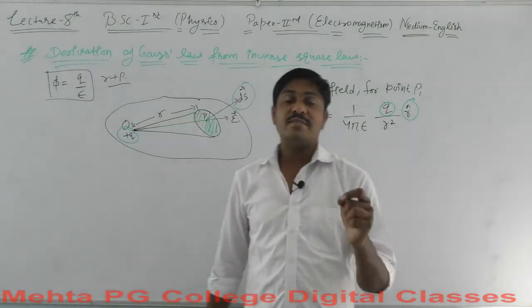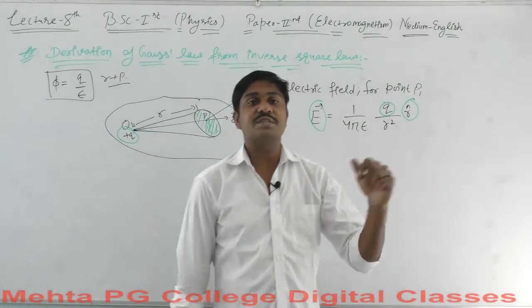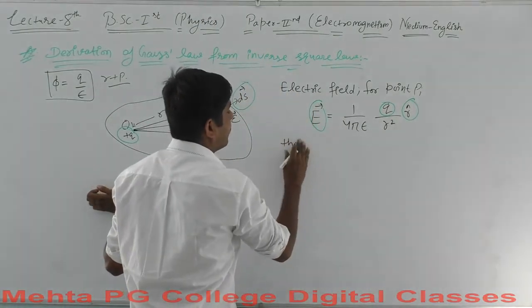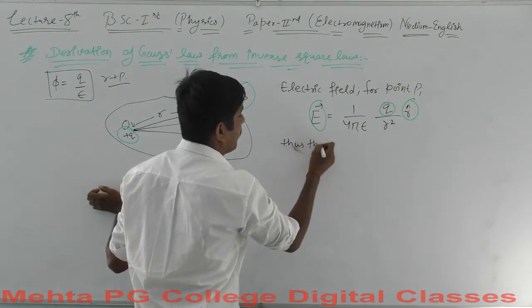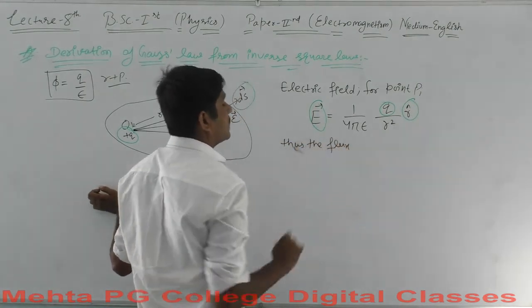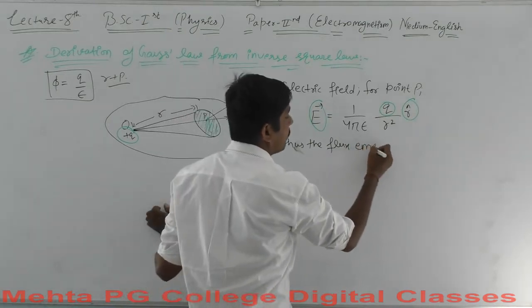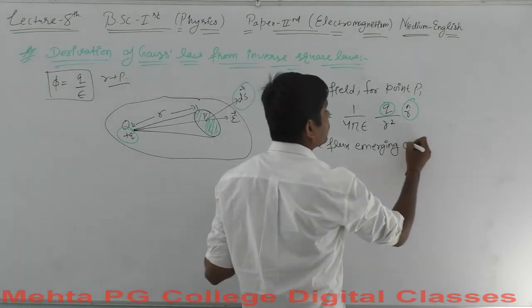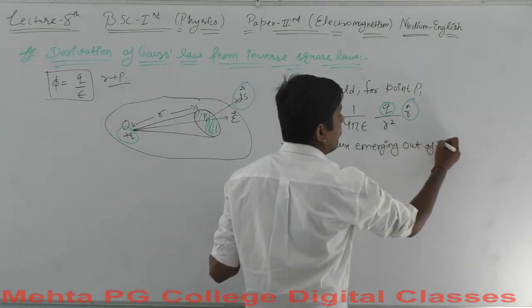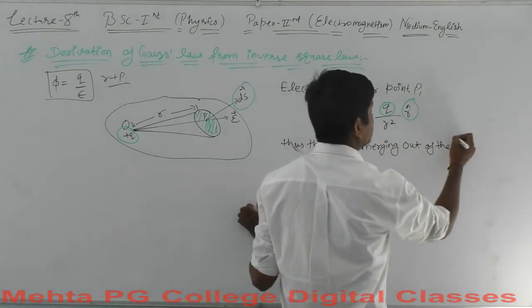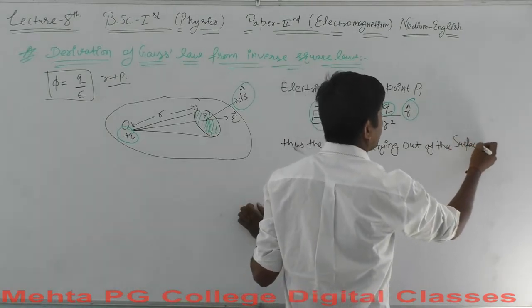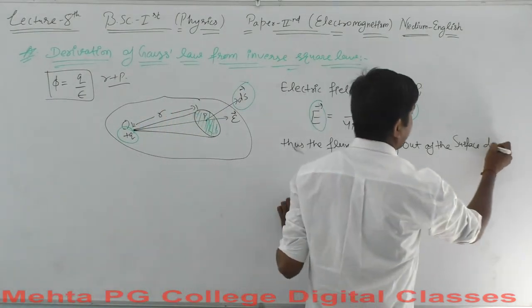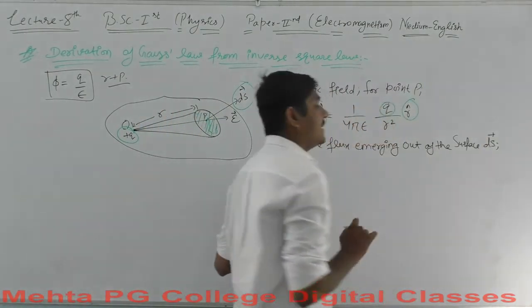What will be the value of flux emerging out of the surface ds? Yes, we have the surface ds over here.